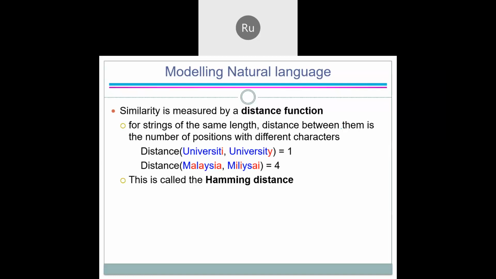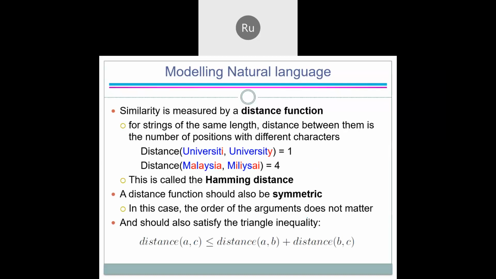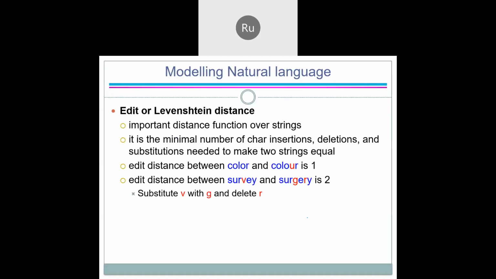Okay, so very straightforward. The next one is sometimes they use the number of operations to modify them. This is what we call the edit or Levenshtein distance. The distance can be measured by how many operations you need to do in order to match them. For example, color and colour: the distance is 1 because we need to delete or add U. One operation.